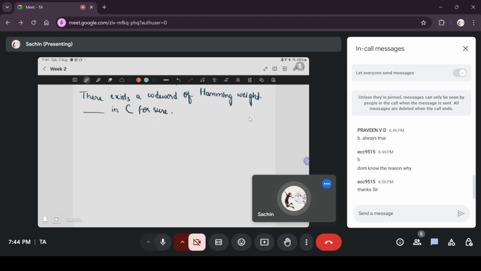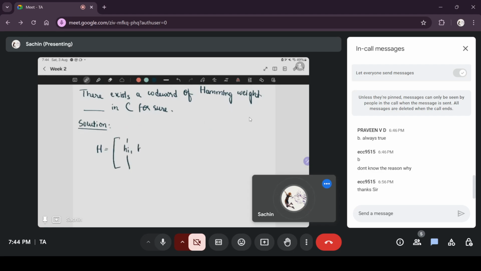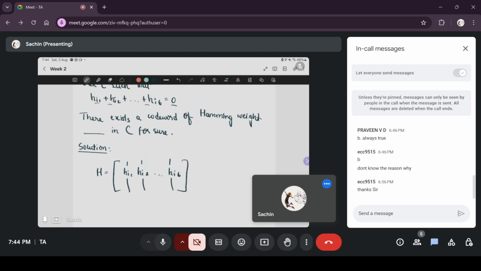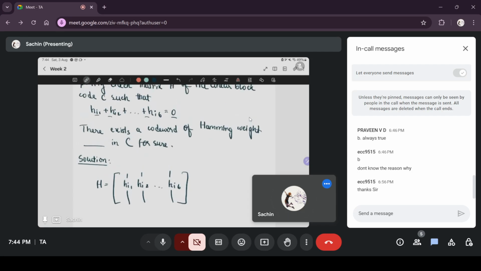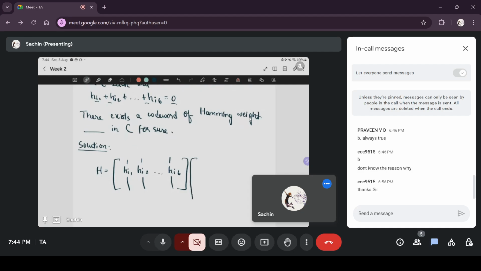So the parity check matrix H has these columns hi1, hi2 up to hi6. One way to rewrite this equation that they have given is this parity check matrix times the vector 1 1 1 1 1 1.